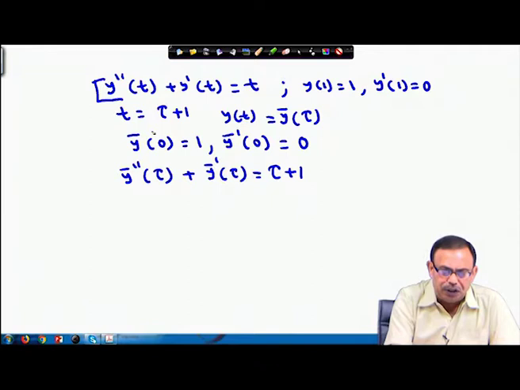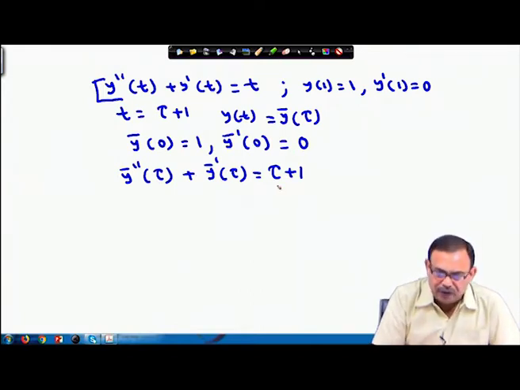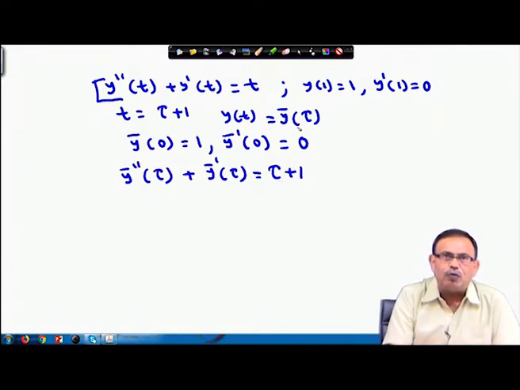I am using a new parameter tau such that t equals tau plus 1 and y(t) equals y bar (tau), so that my conditions are now y bar (0) equals 1 and y bar dash (0) equals 0, and the ordinary differential equation changes to y bar double dash (tau) plus y bar dash (tau) equals tau plus 1. If I can find the solution of this, then by back substitution I can obtain y(t) from y bar (tau).